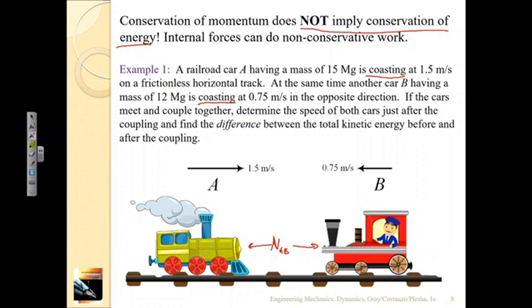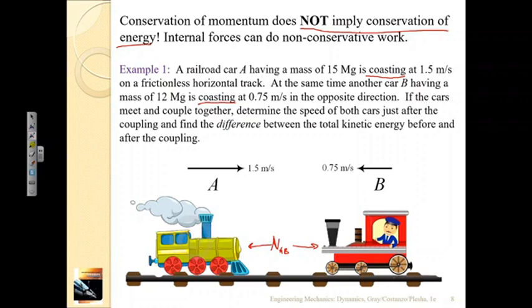I called this 1, and I wanted this to be A and B. So PAx of 1, sorry, PBx of 1. So the momentum of train A in the x direction at time 1, the momentum of train B in the x direction at time 1, equal to the momentum of train A in the x direction at time 2 plus the momentum of train B in the x direction at time 2. All right.